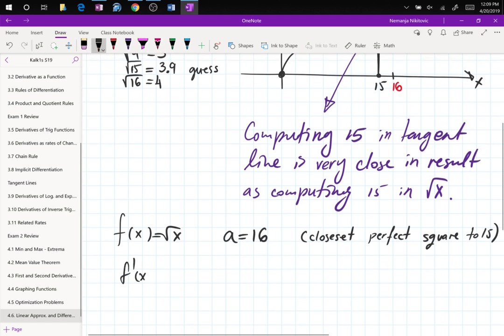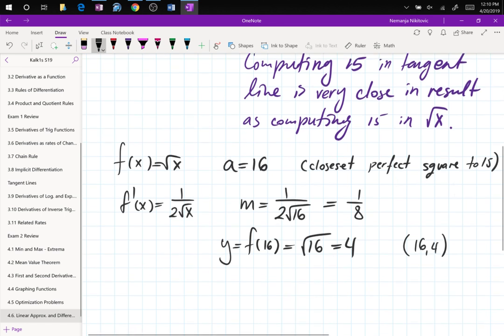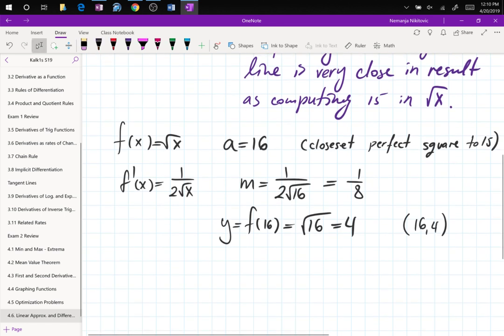So we know how to find the tangent line, right? We take the derivative, and then we find the slope, which is, in this case, 1 over 8. Then we find the y value, which is f of 16, which is square root of 16, which is 4. And now I have 16, 4 as a point, and I have slope to be 1 over 8.